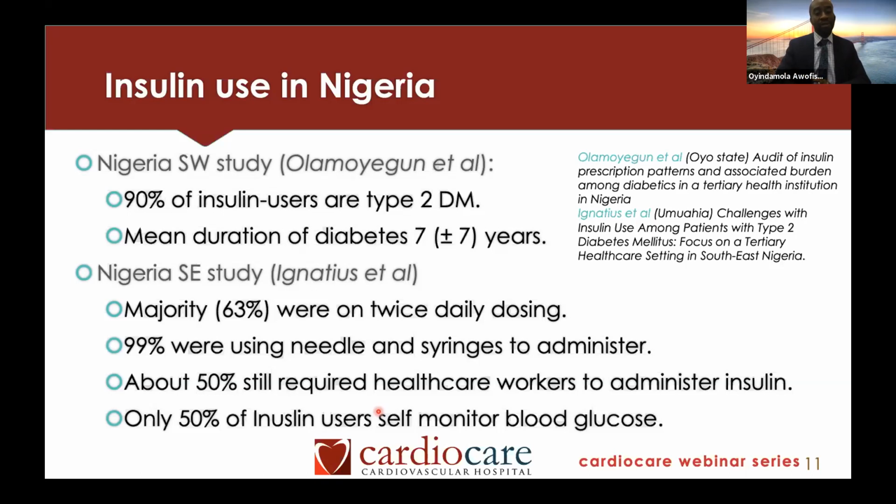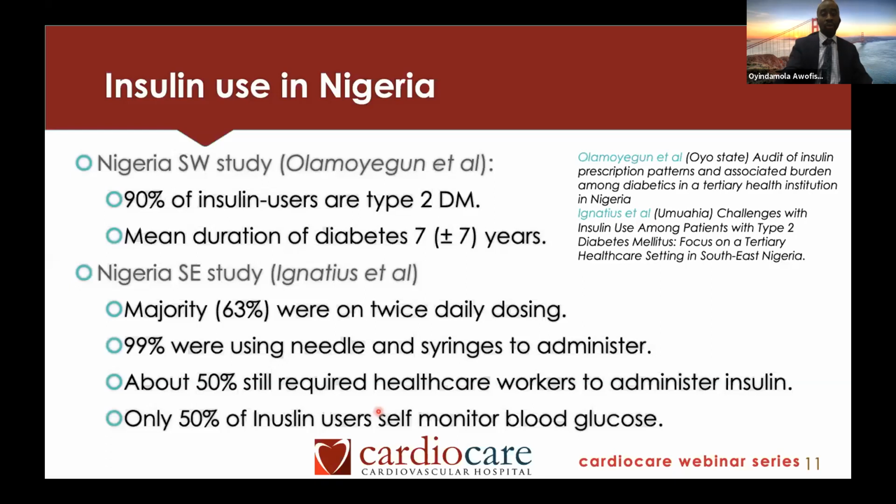Also, the last point from the study by Ignatius et al. in Humaya showed that only half of people who are using insulin self-monitor blood glucose, which is also poor. So I think this highlights that there's a lot of gap in insulin therapy in Nigeria.